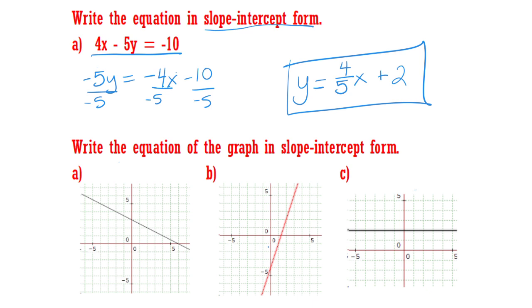All right, another thing that we might do is be given a graph and try to write the equation. So all you really have to identify is that y-intercept from the graph, and then count your rise over your run to get your slope. So looking at this example, first thing I see is that it has a y-intercept right here at 3. So that means the b is going to equal 3. And then I'm going to find another clean grid point.